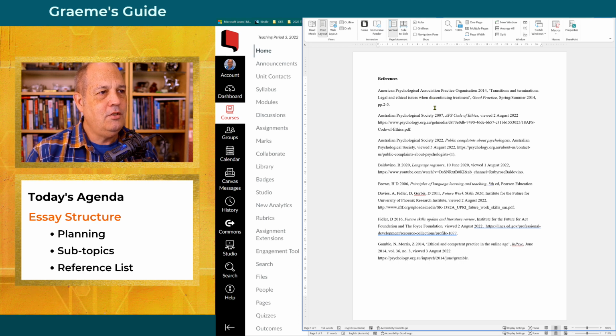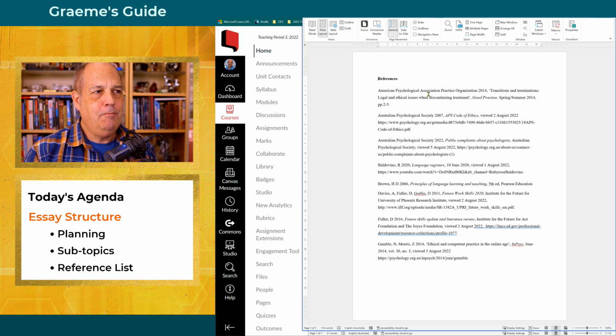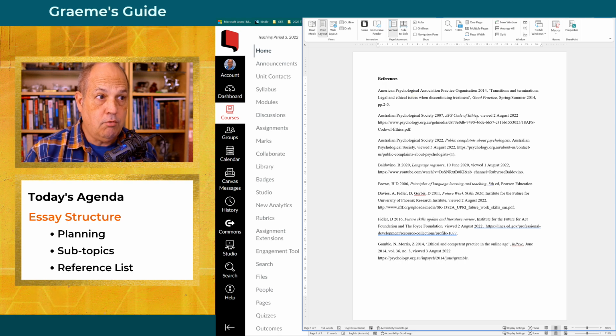So they've cited the American Psychological Association Practice Organization. So this does not refer to Australian practice. It would have been better if this was this. So they've got the Australian Psychology Code of Ethics, that's great.